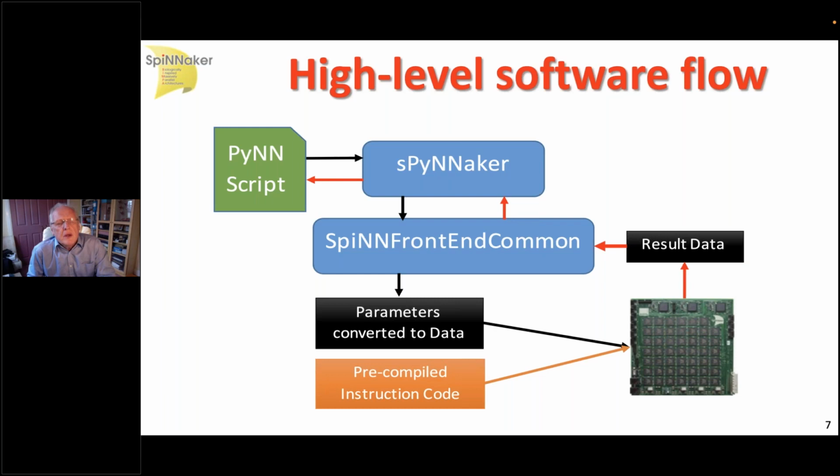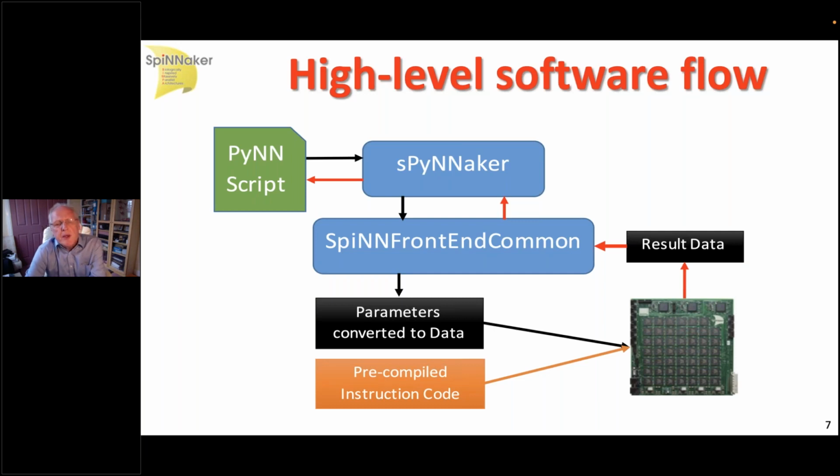And then you can feed the same PyNN description to our software stack, where it's processed and mapped onto the SpiNNaker machine through various layers of software such as sPyNNaker and SpiNN Front-End Common.